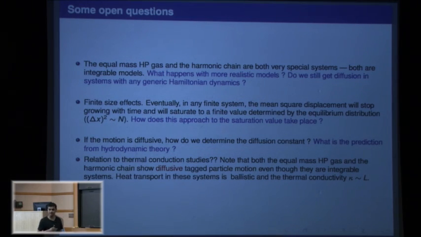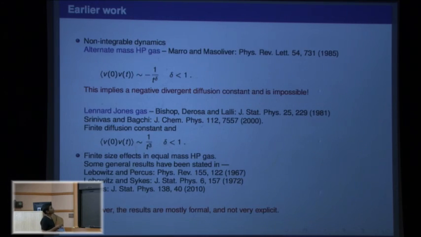So let me go to the models that I'll talk about. There has been some earlier work on this problem. One question is what happens when you make the dynamics non-integrable.